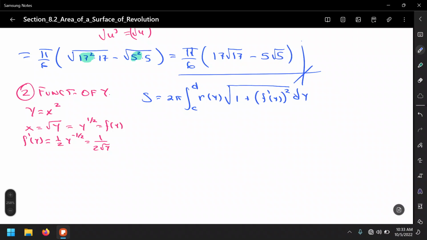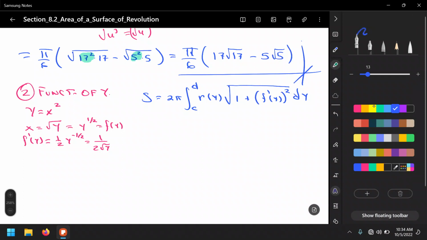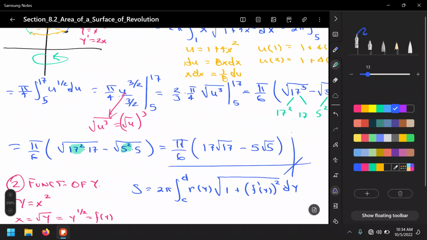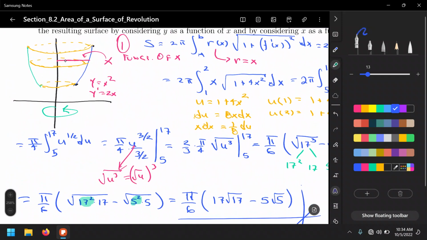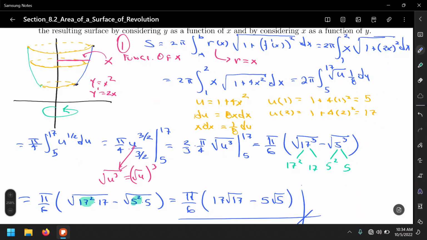All right, first things first. What do we have in this case? From the picture, we have a horizontal distance x from the axis of revolution to any point on the graph that we are rotating about the y-axis.